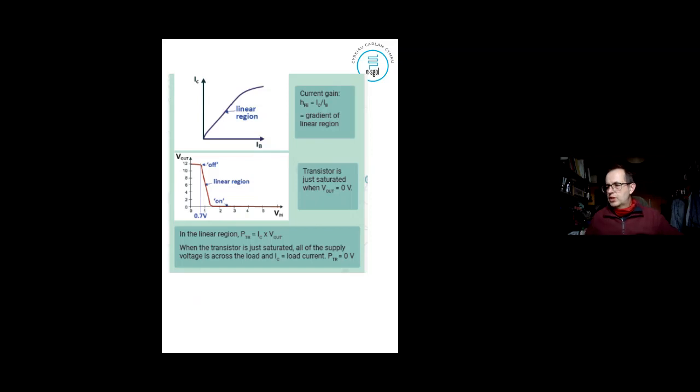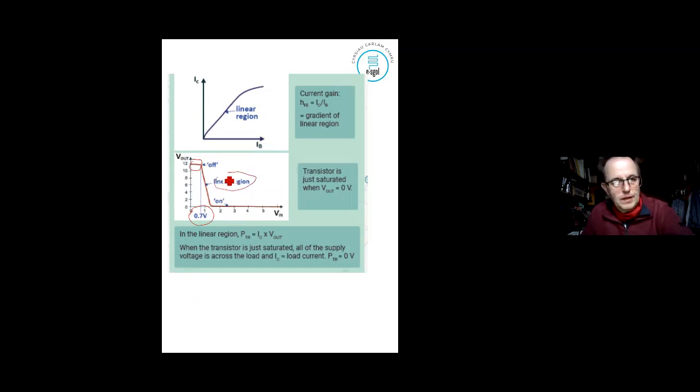Moving on to the transistor itself. Characteristics of a transistor: I would say these are things to remember in the exam. Number 1 is that you need a voltage of 0.7 to turn a transistor on. It won't come on unless it reaches 0.7. So this area here is where the transistor is off.